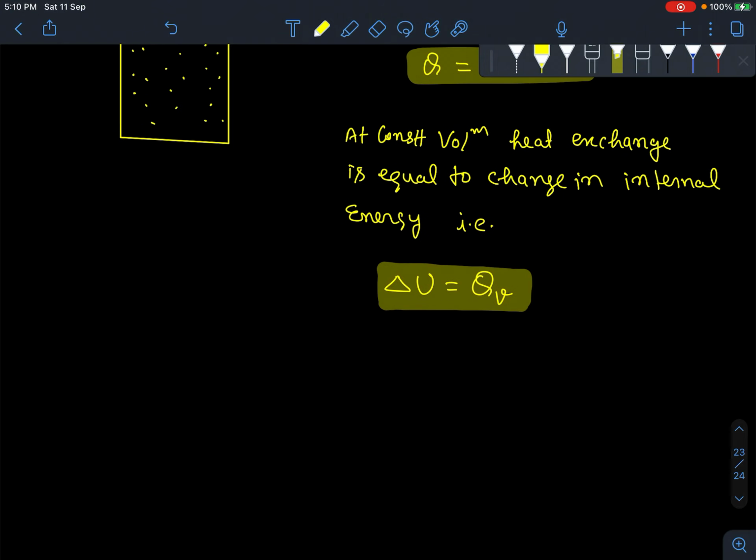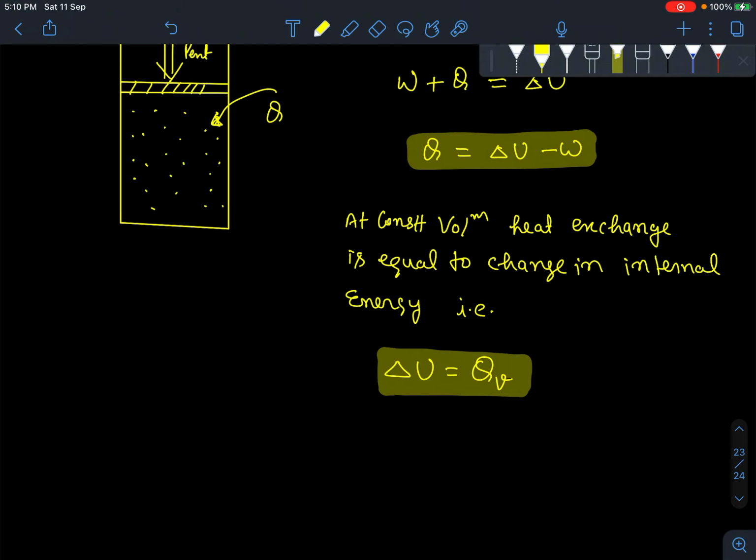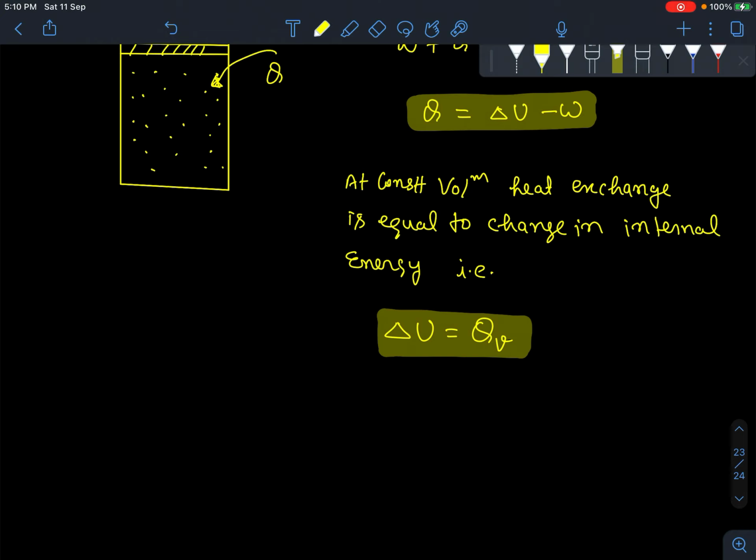Now suppose the system is an ideal gas. In that case, can we write heat for ideal gas as n into Cv into delta T? Yes or no? How can I write that?